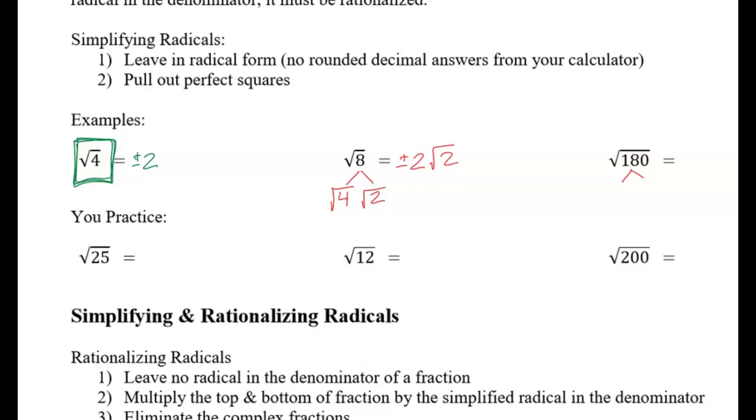Yeah, 36, 36 times 5 gives you 180. You square root both. What's the square root of 36? And then can 5 be simplified any further? So you have plus or minus 6 square root 5. And all of the practices I am not going to do, but on my TV that I'll post, the answers will be there if you want to practice that.